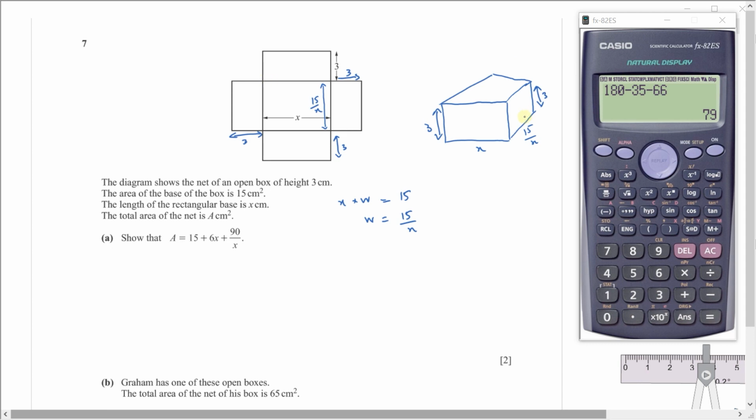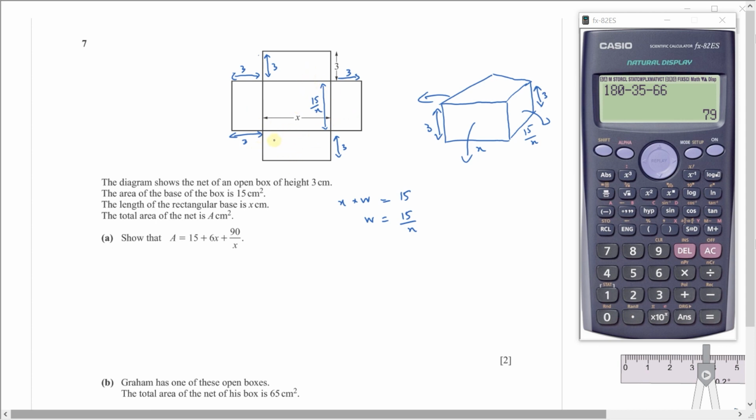If you open them like this and on the other side if you open them like this, or if you open the front like this, you will get this net. So all these heights will be 3, so all these dimensions will be 3 as well in this net. So now if we want to calculate the area of this net, I have 1, 2, 3, 4, 5 rectangles.